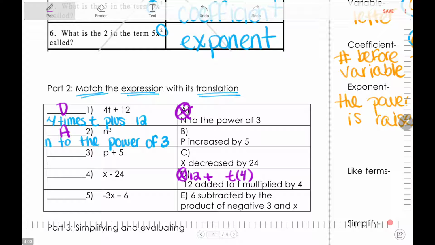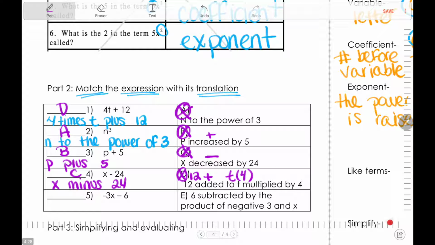All right, so for number 3, if you did it on your own, p plus 5 is the same as p increased by 5, so that's B. X minus 24 is the same as x decreased by. Decreased means minus, increased means plus.